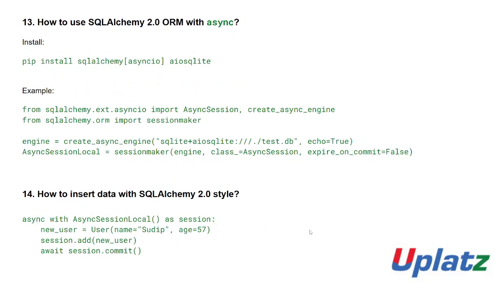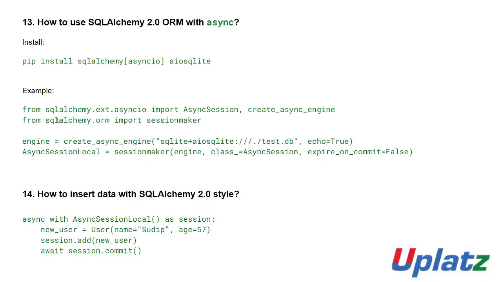Okay, next 13. How to use SQLAlchemy 2.0 ORM with async. pip install sqlalchemy[asyncio] aiosqlite.